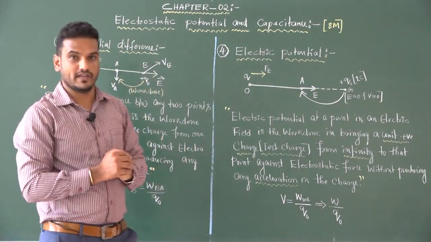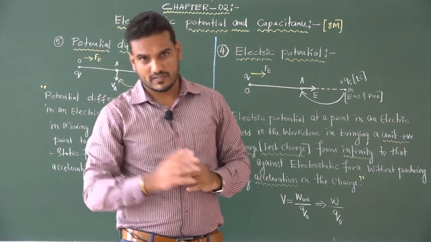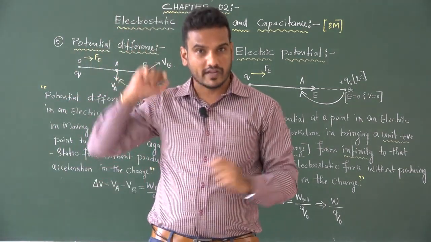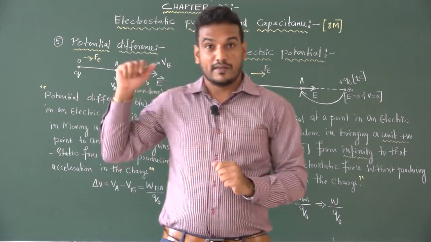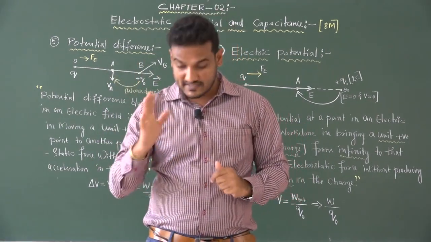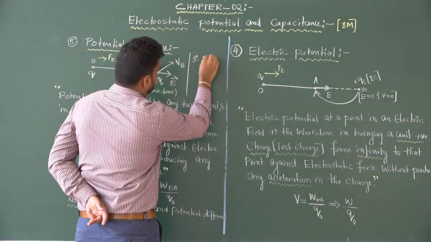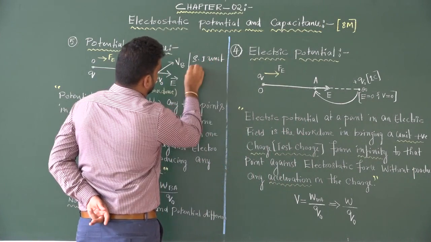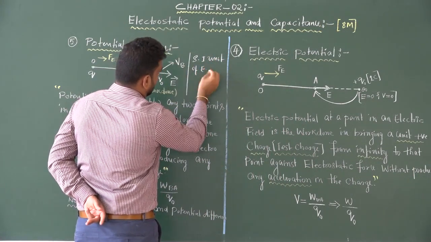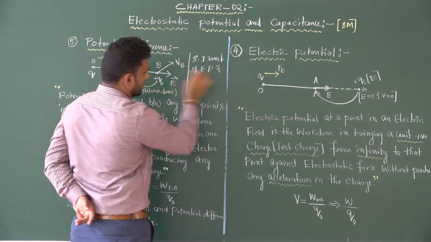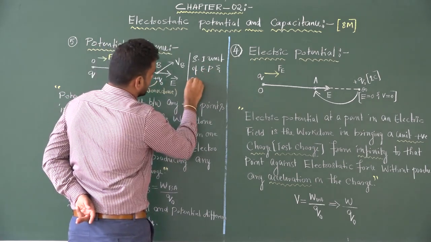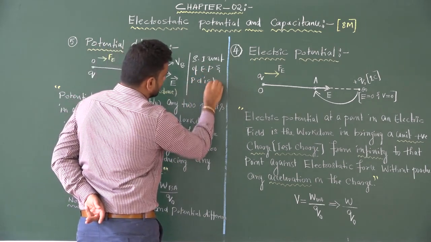Both are very important. Both electric potential and potential difference are scalar quantities. The SI unit of electric potential, I will write EP, and potential difference is volt.